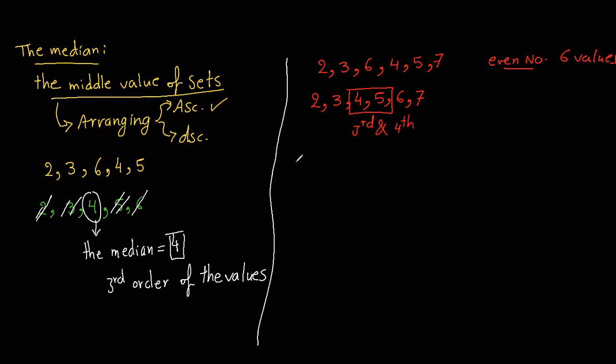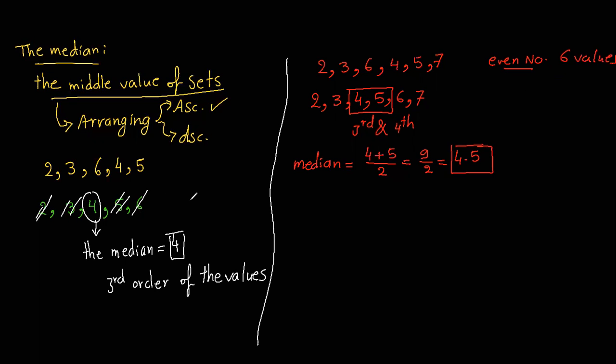Then in this example, we take the sum of these two values divided by 2. It will be 9 over 2, which is 4.5. So if we have even numbers, we take the sum divided by 2.